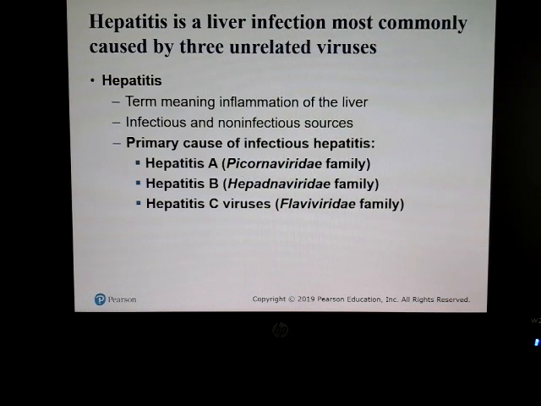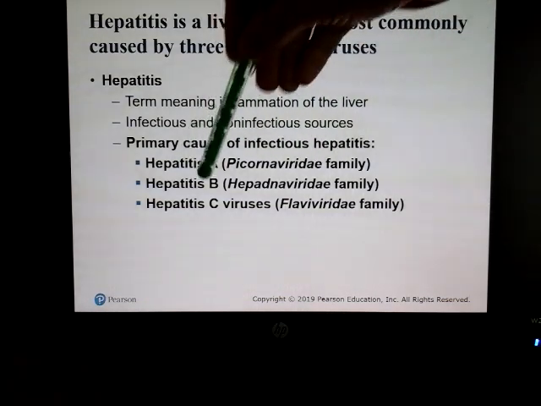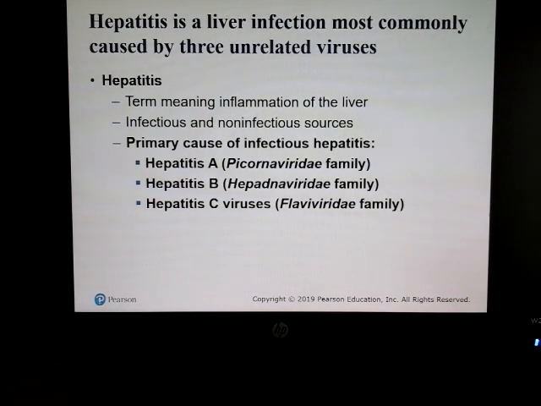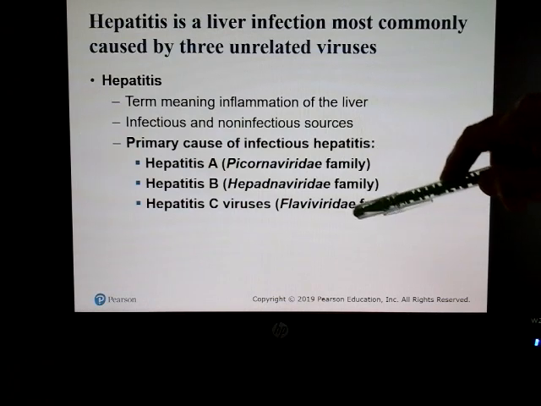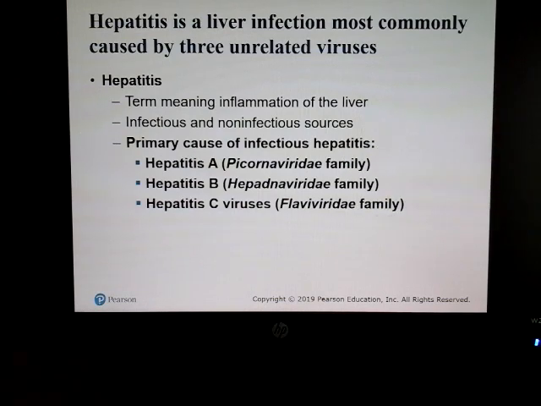So anytime that you see a disease where we have letters, such as A, B, or C, it means they all cause the same disease, in this case hepatitis, but they're not the exact same virus. So they're in different families. Now, when we talk about things like HIV or herpes, those are numbered, which means that they are definitely related.